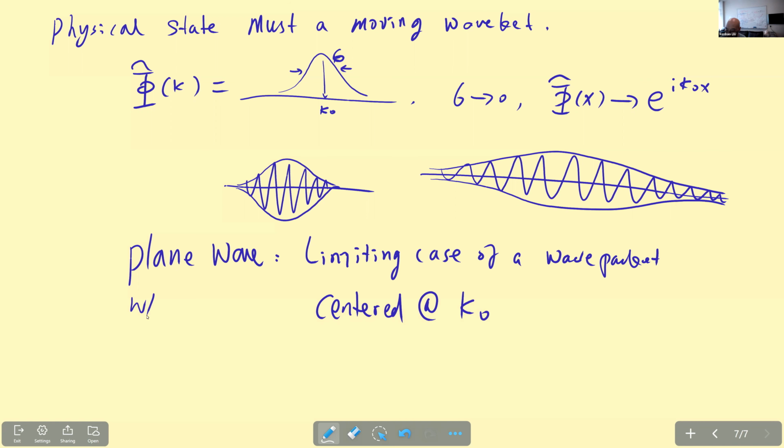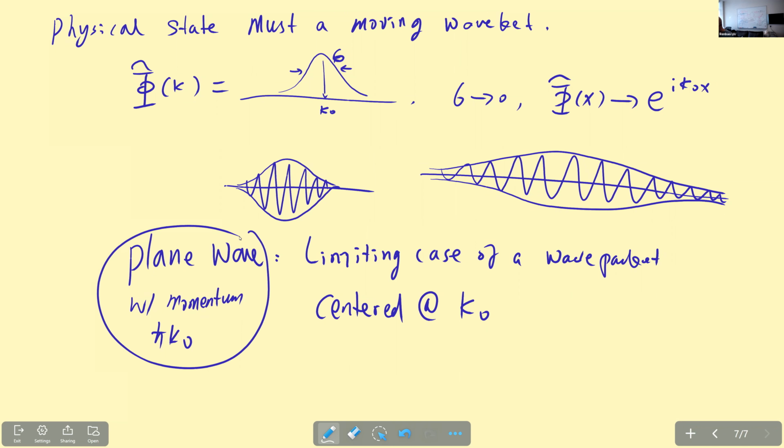This one has momentum h bar K0. So this is a limiting case of a wave packet, that means percent K minus K0 with sigma going to 0, right?